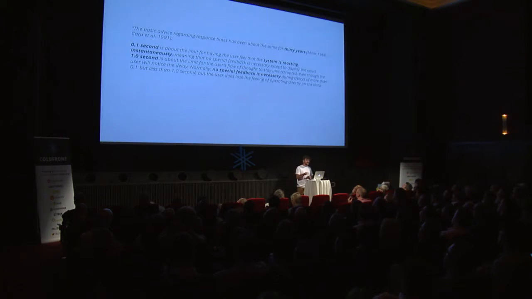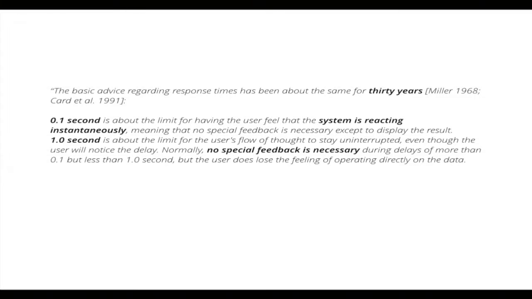And this is why I like deferring my loading indicators or spinners to the future, because if it's under 1 second, sometimes seeing a spinner flicker or seeing some loading text that makes no sense, no special feedback was actually necessary, and the user was still feeling like they were operating in real time.